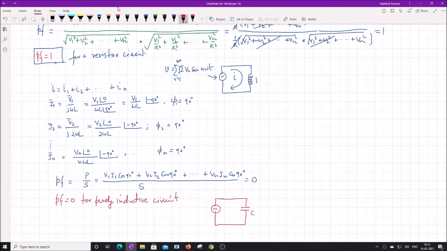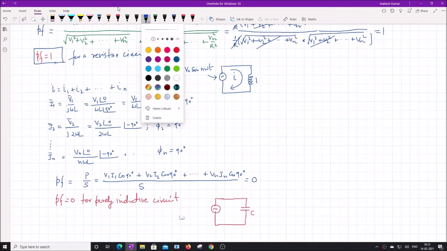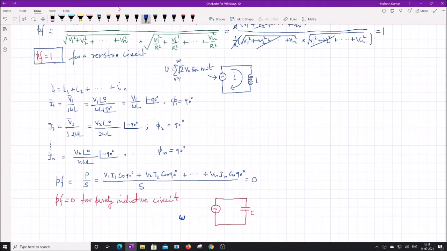Omega L becomes 1 by omega C, and minus 90 degree becomes plus 90 degree.